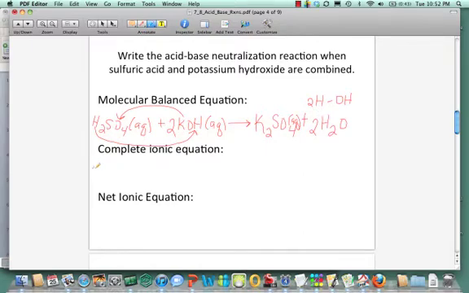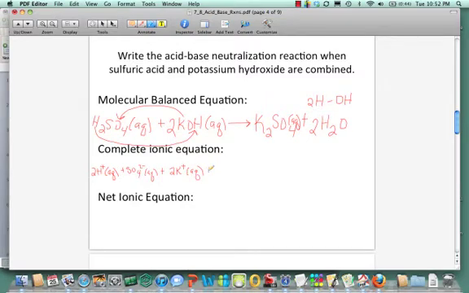So we have 2 H plus aqueous, then we have a sulfate, aqueous. Then we have 2 potassiums that came from right here, aqueous.